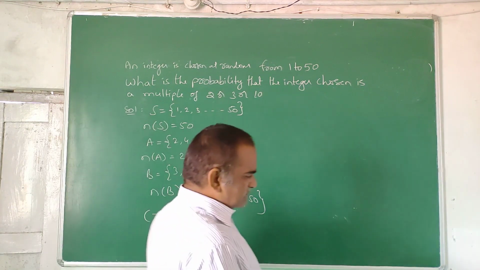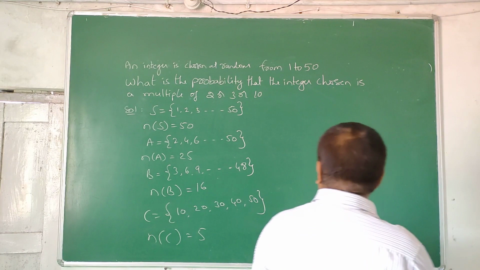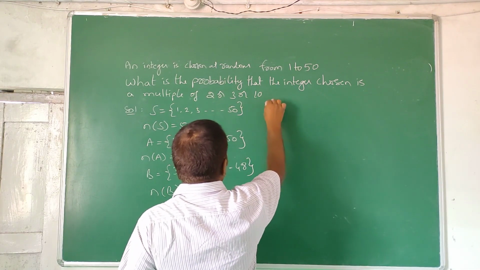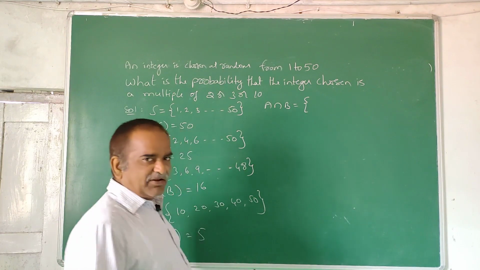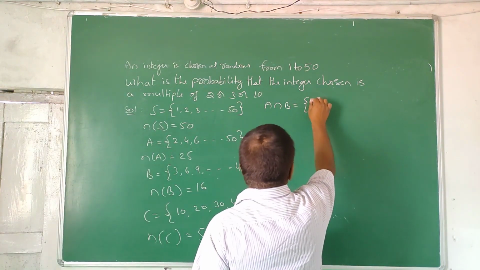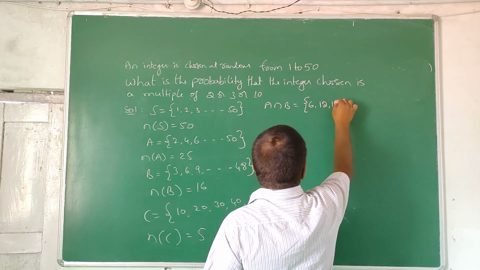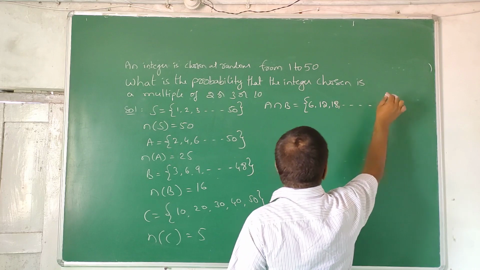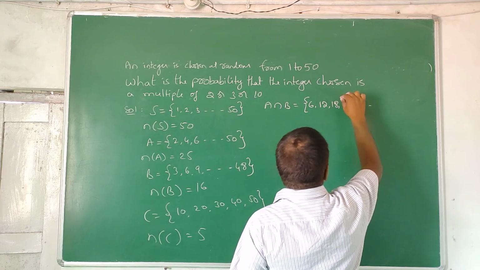Now go for A intersection B. Multiple of 2 and as well multiple of 3. So it is nothing but multiple of 6. So 6 1s are 6, 6 2s are 12, 6 3s are 18, like this.